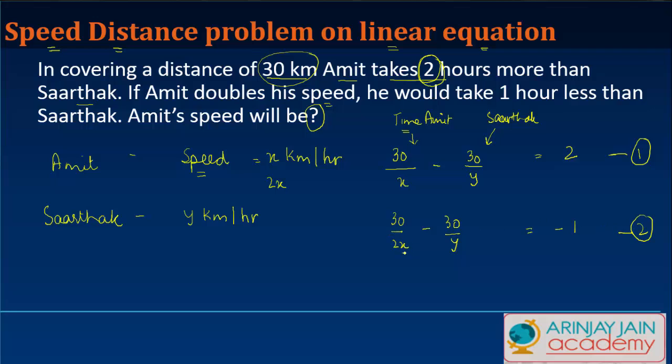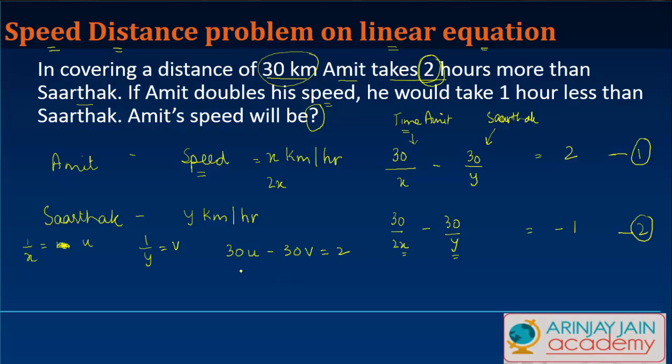Again, we see that the terms are basically 1 upon x and 1 upon y. So can we put 1 upon x equal to u, and 1 upon y equal to v? So this becomes 30u minus 30v is equal to 2.